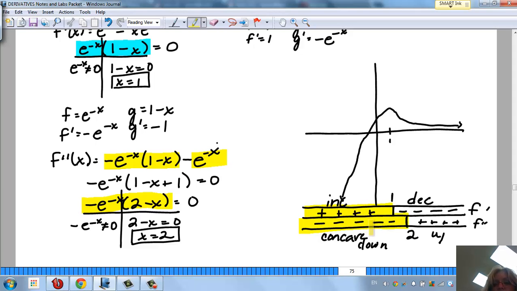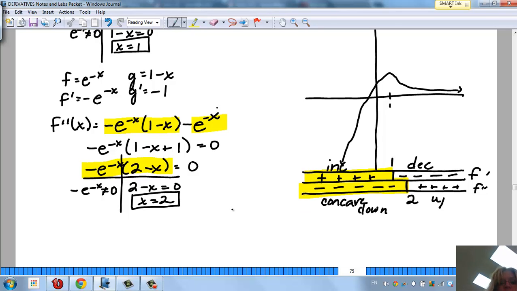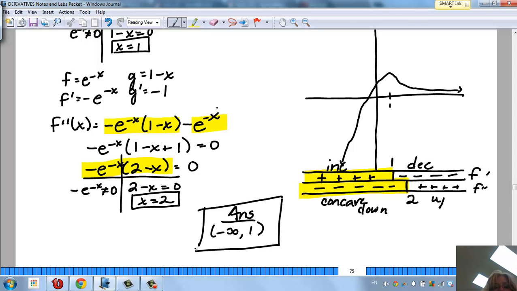So when does both happen? Well, it's when it's less than 1. So my answer is going to come out to be from negative infinity all the way up to 1, our function is increasing and concave down.